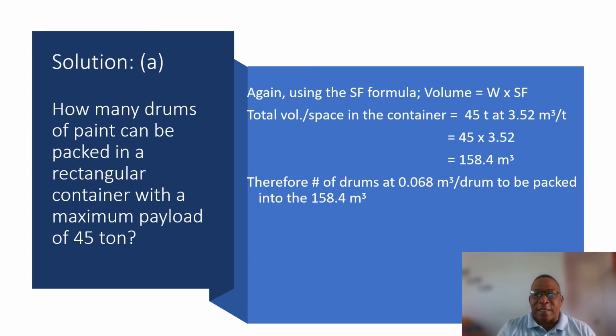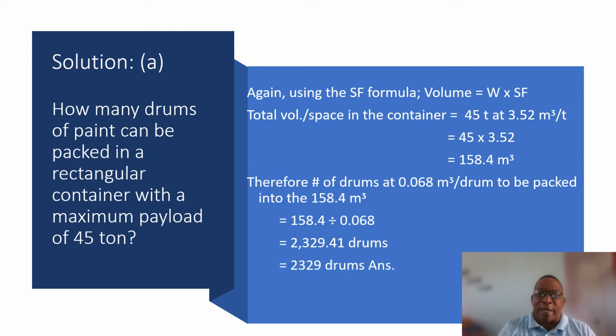Therefore, that being the space, and we know that the packed volume of each drum is 0.068, then 158.4 divided by 0.068 would give us 2,329.41 drums. But as we know again, that is only 2,329, as the 0.41 represents the broken storage.